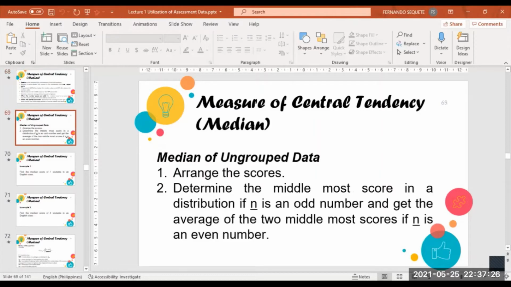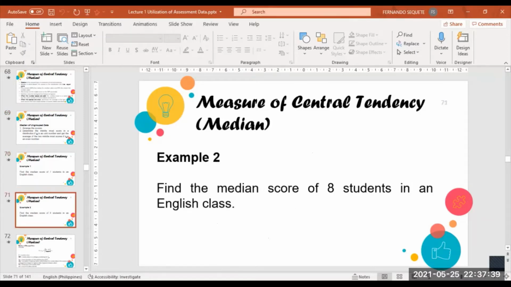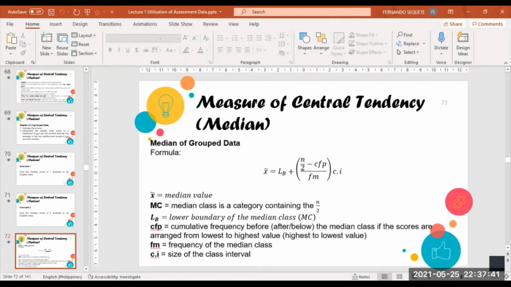Okay. And of course, we discussed the median of ungrouped data, and we really have to follow the rule if we have cases that are odd and even. And then right after that, we have our median for grouped data, and of course, we have here the formula that we are to use.